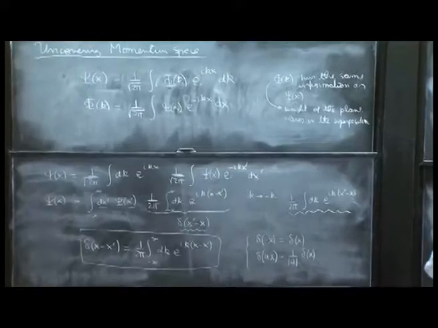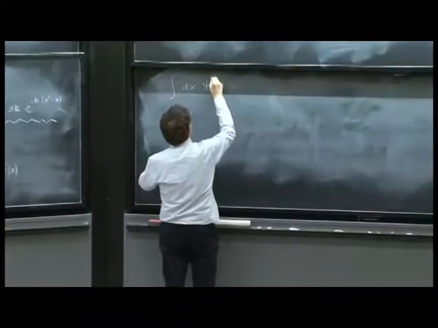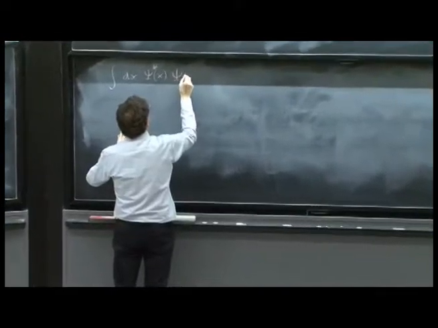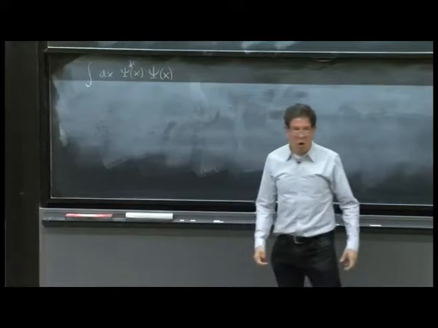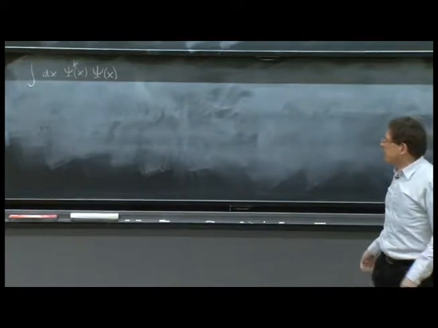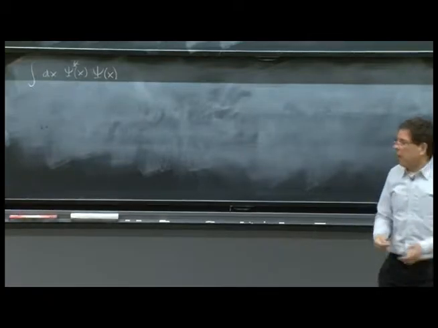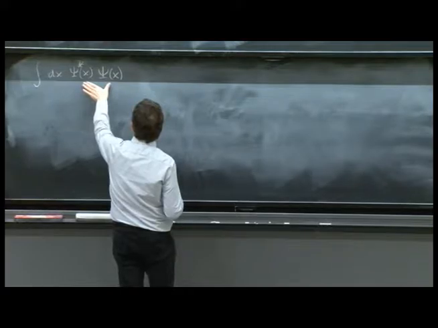So let's think of the integral dx psi of x star psi of x. Well, this is what we called the total integral of psi squared, the thing that should be equal to 1 if you have a probability interpretation for the wave function.